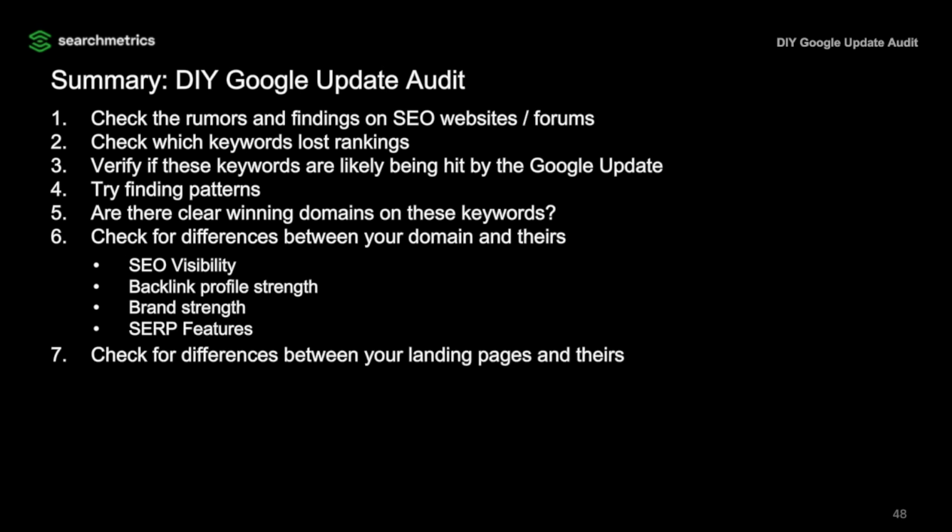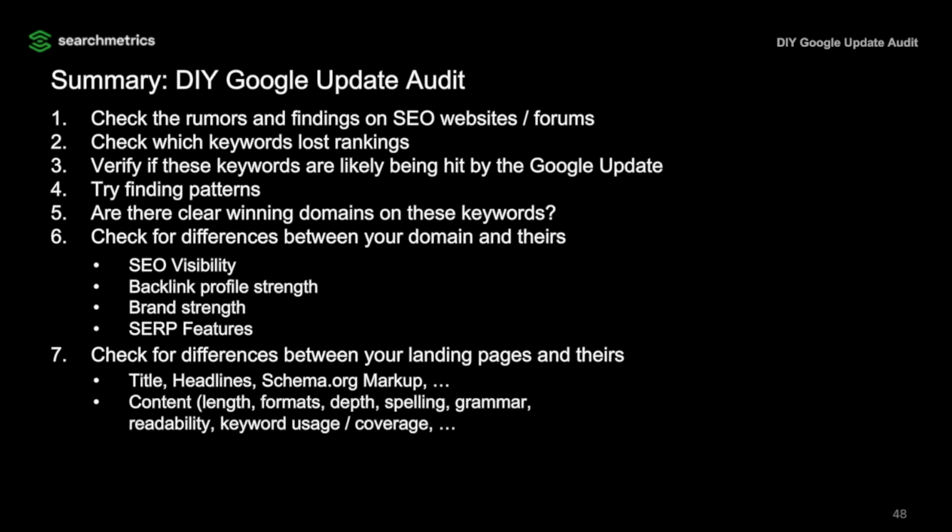Then go ahead and check the differences between your landing pages and theirs, like the titles and headlines, schema markup. The content, very important: length, format, depth. Maybe even read the content and see what different information they are displaying there. Other differences, like the one we found here with the COVID-19 badge.